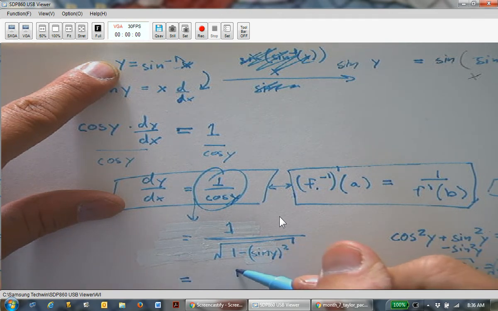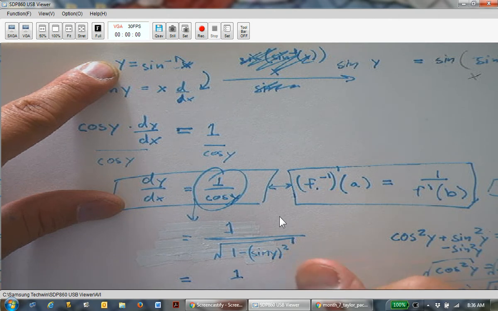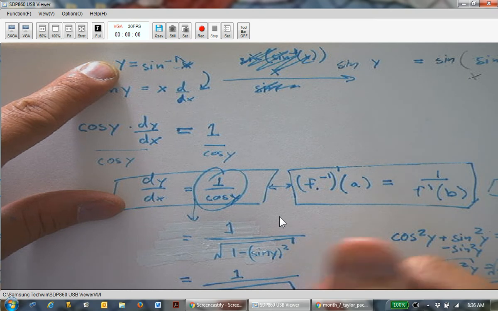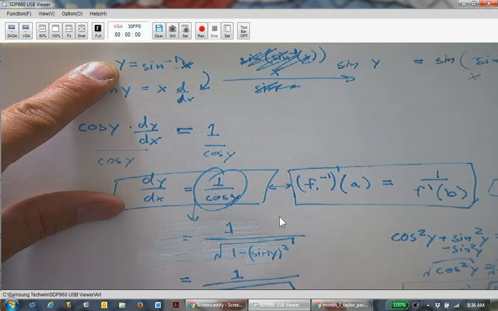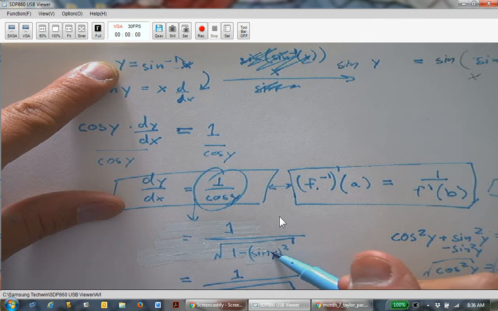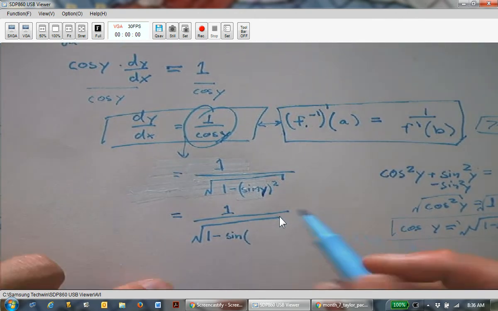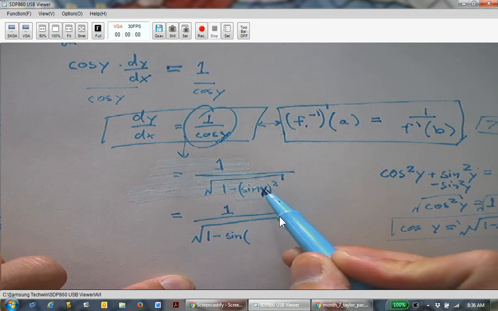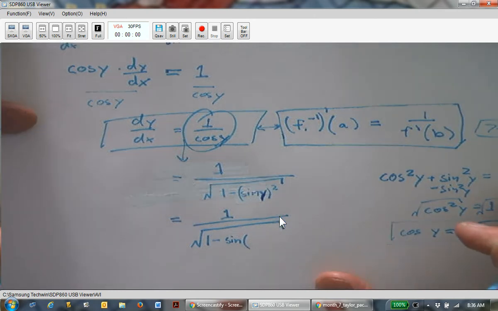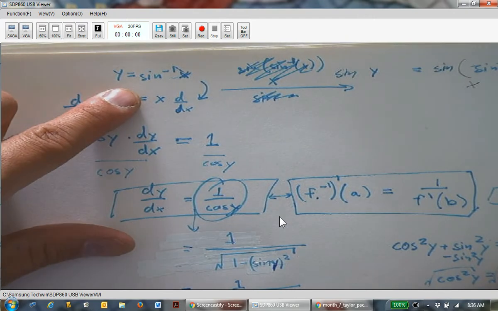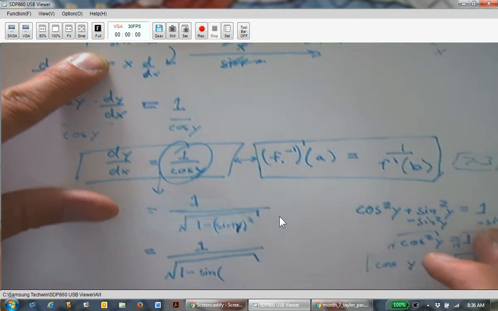So you're going to have 1 divided by the square root of 1 minus sine, prepare yourselves, okay? Instead of saying just y right here, I'm going to replace that whole y statement with what y was originally equal to since the beginning. y is originally equal to inverse sine of x.